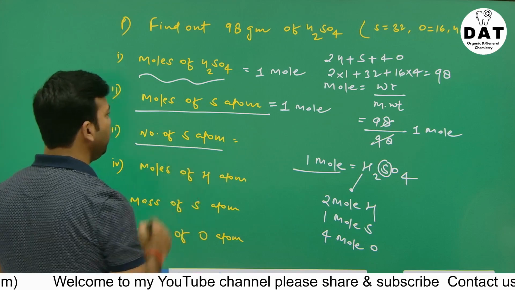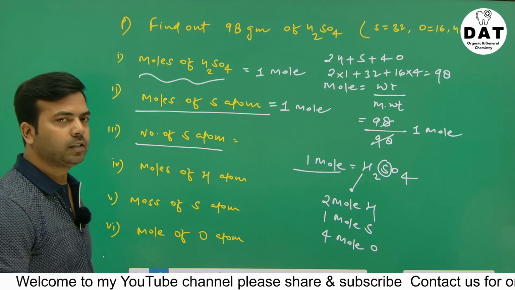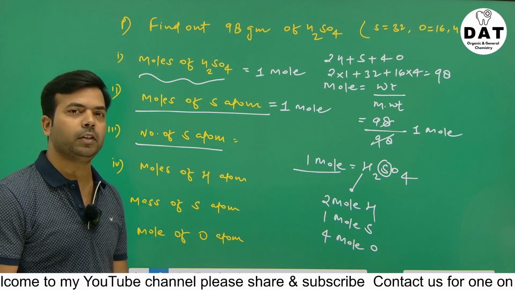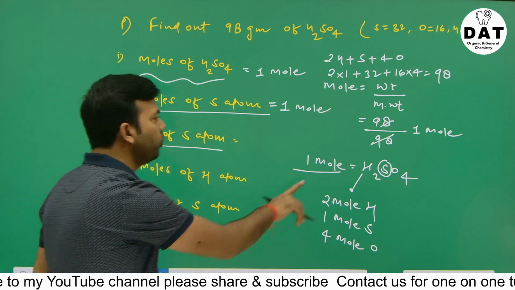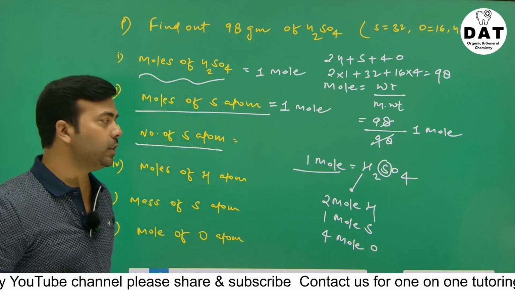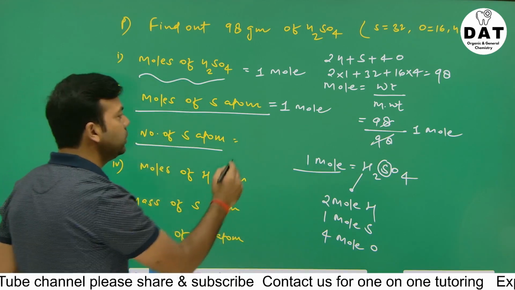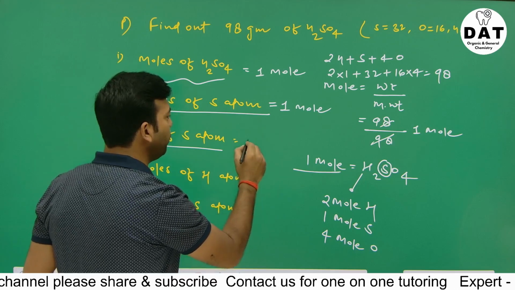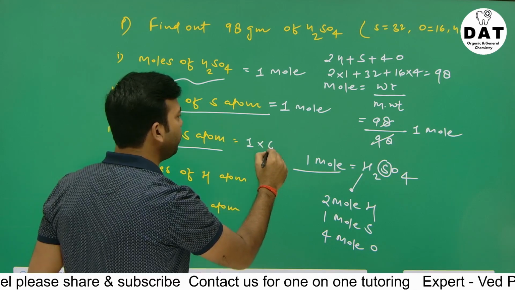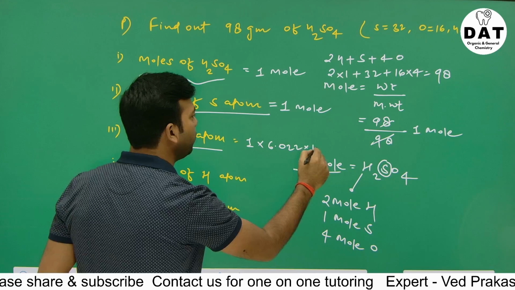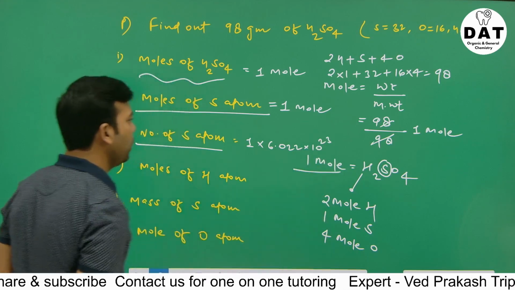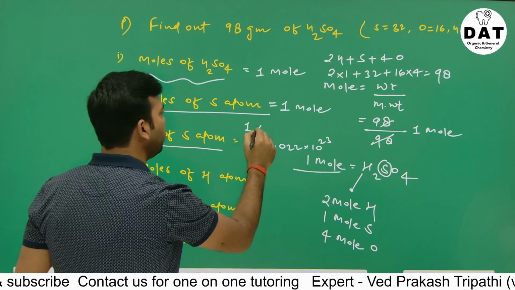Now the number of sulfur atoms. It's quite simple. You just have to multiply by the Avogadro number. We got 1 mole sulfur atom and it is talking about the number of sulfur atoms, so mole into Avogadro number. So 1 into Avogadro number 6.022 into 10 to the power 23, or you can even say 1 into Na.